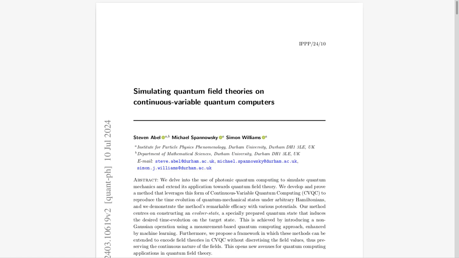You got it. And here's where it gets even more interesting. They use machine learning to prepare this evolver state. So the system actually learns how to best simulate each potential. It's like giving their quantum computer a crash course in skate park design. This is wild. They're using machine learning to train their quantum computer to simulate quantum mechanics.